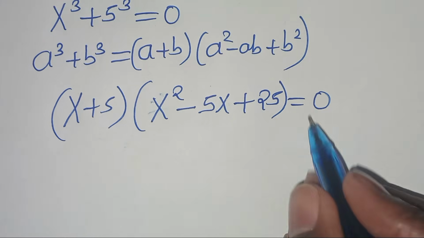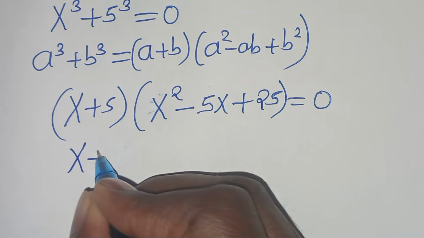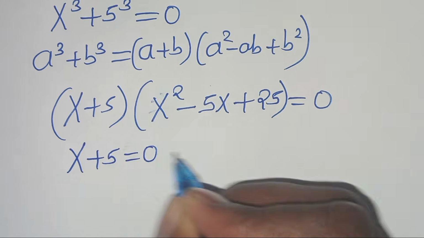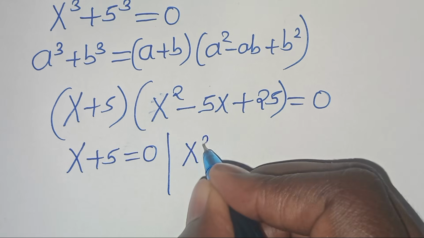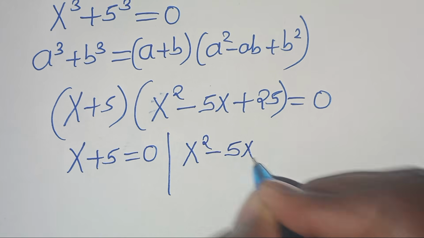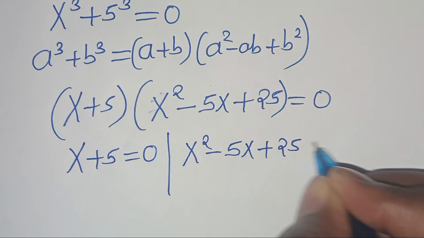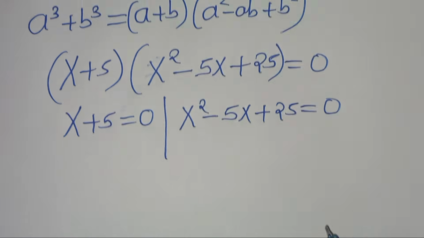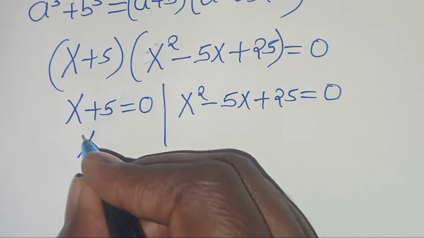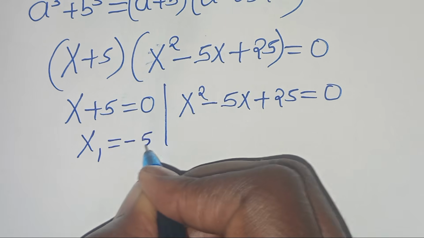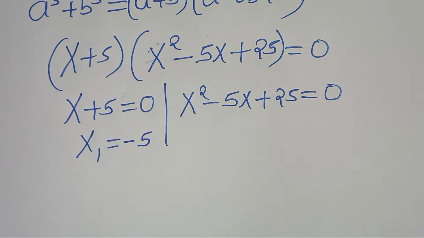We have two parts here. We have x plus 5 equal to 0, then x to the power of 2 minus 5x plus 25 equal to 0. From the first part, x1 is equal to minus 5. This is a real solution.